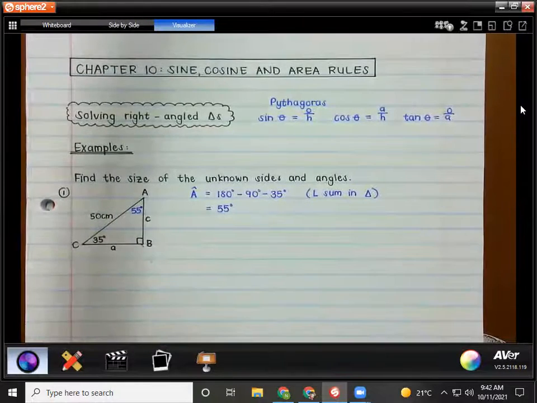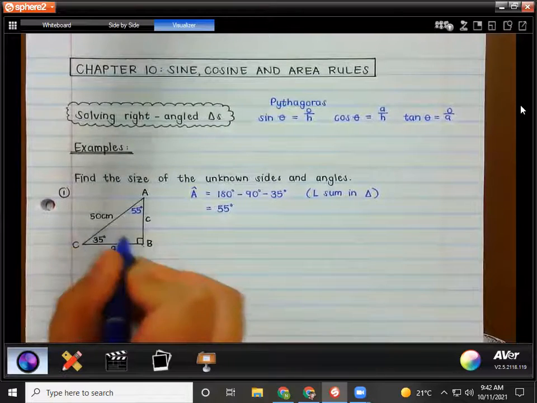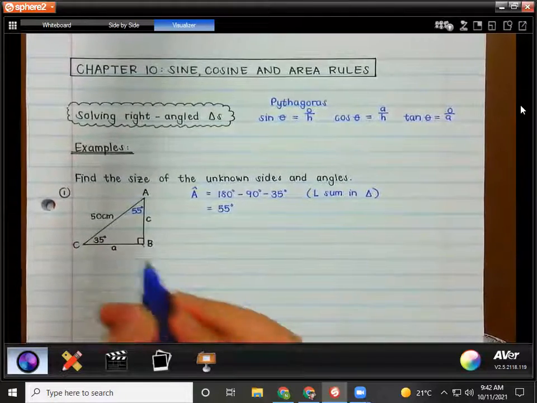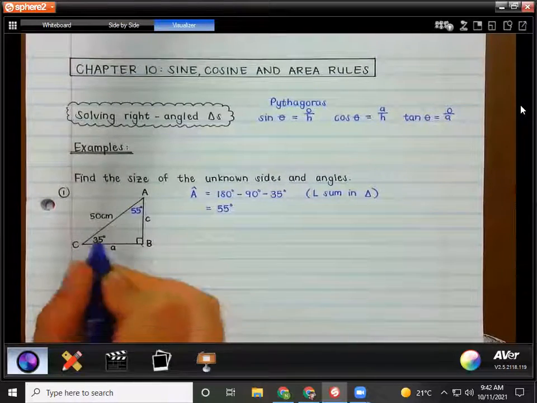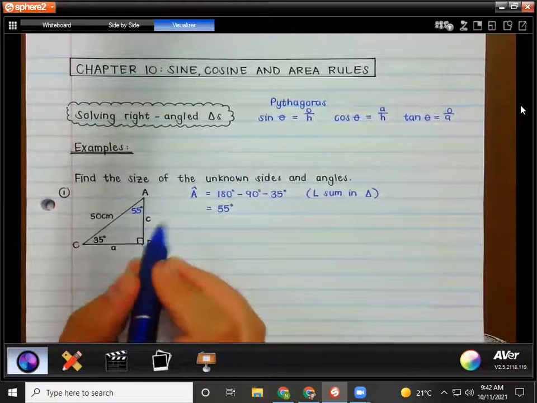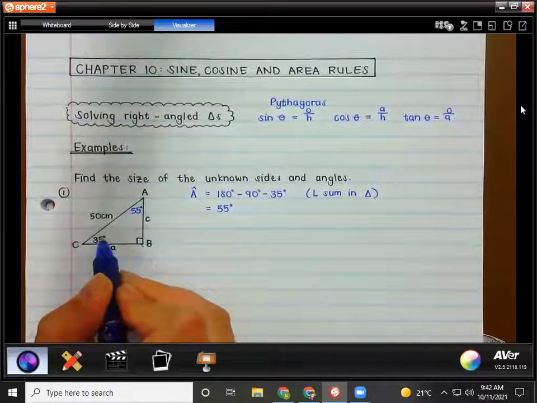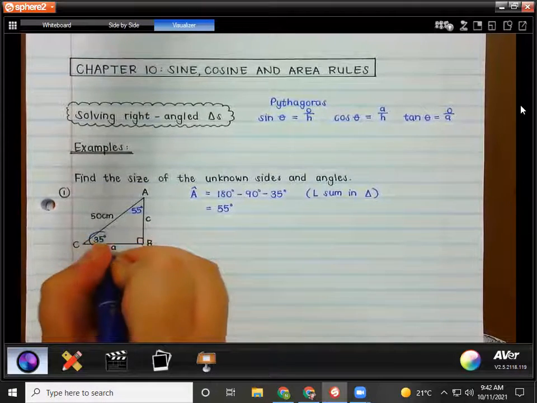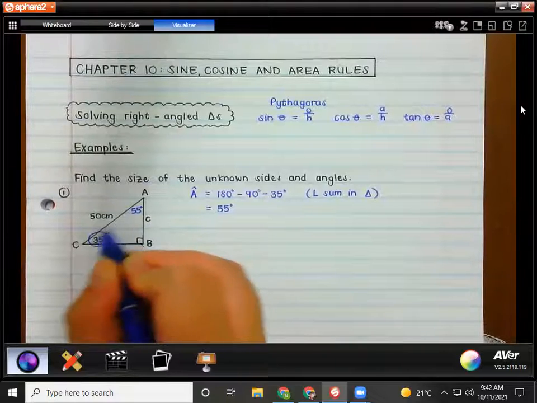There are multiple ways in which you could do this. Let's say we're working with the 35 degrees. You can work with the 55 as well, but let's work with the 35 degrees. Which one do you guys want to find first, A or C? Okay, we can find C first. You need to look at the angle that you have. Do we notice that C is the opposite side to that angle?